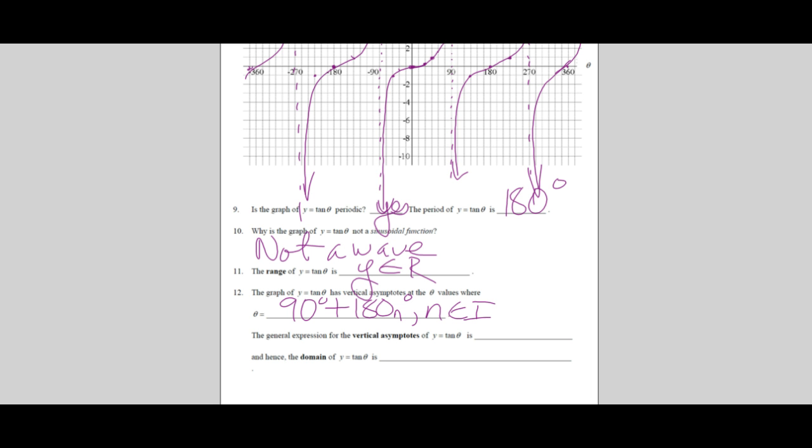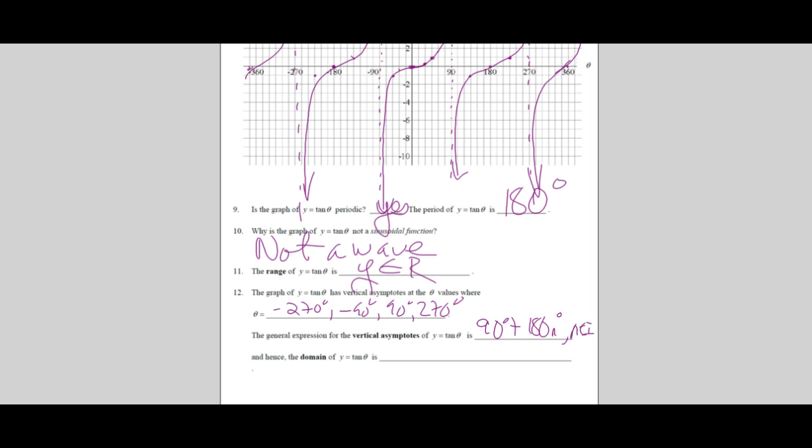If n is an integer, it could be positive 1, negative 1, positive 3, negative 3. That's the general expression, so that goes down here: 90 degrees plus 180n degrees, where n belongs to the integers. Just put an arrow down there, and then up here we had negative 270, negative 90, 90, and 270.